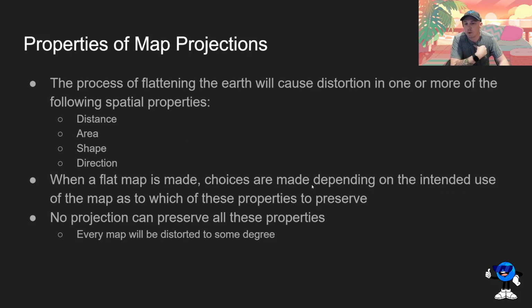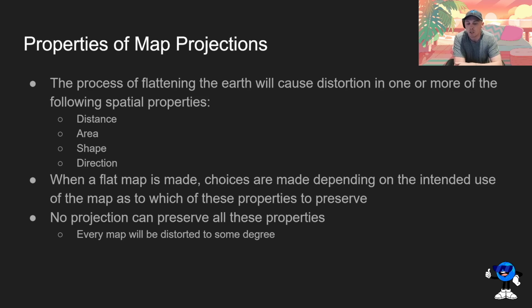So what are some properties of map projections? The process of flattening the Earth is going to cause distortion in one or more of the following spatial properties, those being distance, area, shape, and direction. And when a flat map is made, choices are made depending on the intended use of the map as to which of these properties the map creators want to preserve.